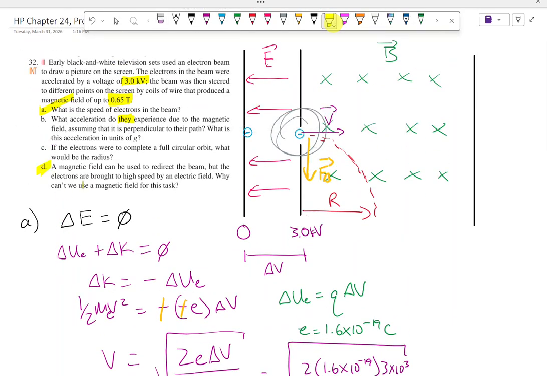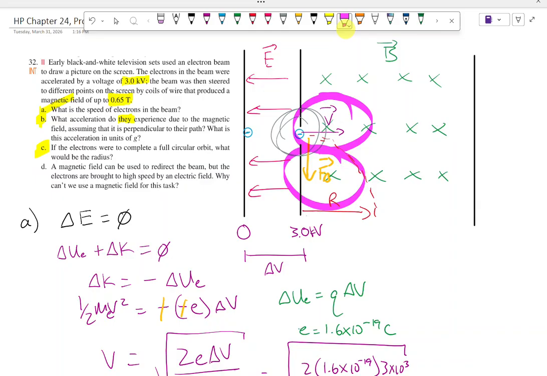And then lastly, now we're getting into D. A magnetic field can be used to redirect the beam, but electrons are brought to a high speed by an electric field. Why can't we use the magnetic field for this task? Well, the magnetic field always produces a force that is perpendicular to the velocity. The velocity is pointing to the right, the force points down, and that will always happen with a magnetic force.